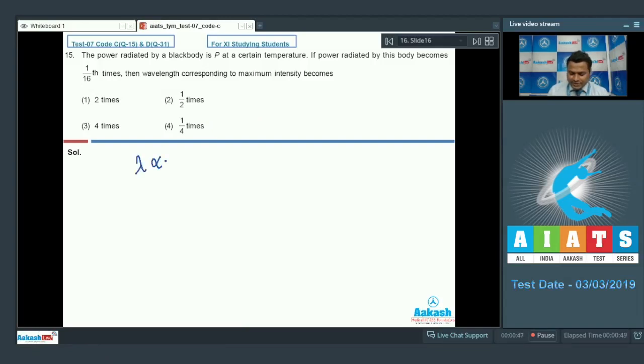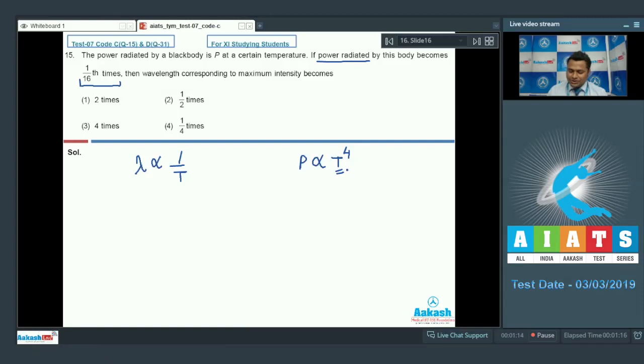Lambda is inversely proportional to absolute temperature. And according to Stefan's law, the power radiated will be directly proportional to absolute temperature to the power 4. Now if the power radiated is 1 by 16th times, then we can say that absolute temperature is reduced to half.